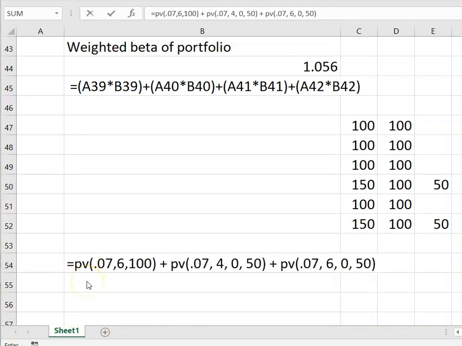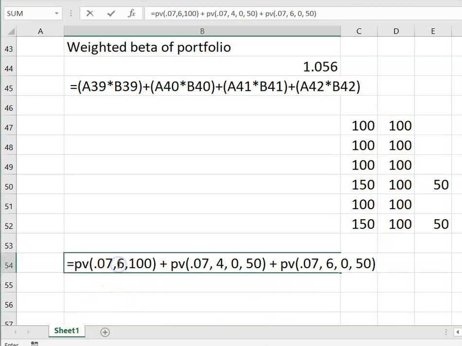Okay, and here's the formula to calculate that. Let's suppose my required rate of return is 7%. So the present value of this first column here, it's an annuity, 7% for 6 periods of $100. All right, well, that takes care of the 100, but now I have to add to that the present value of this 50. So take the 7% required rate of return. It's 4 periods out, 1, 2, 3, 4 periods out.